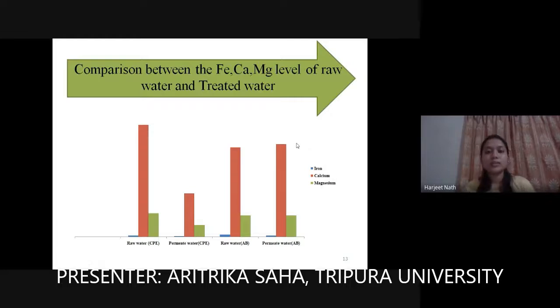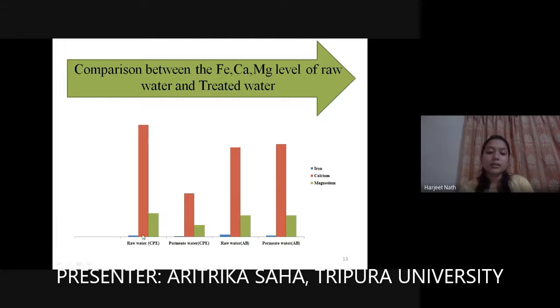This is the comparison between the iron, calcium, and magnesium metallic levels of raw water and treated water. The blue one is the iron content, the red one is the calcium content, and the green one is the magnesium content. The first is raw water and permeate water for the Chemical and Polymer Engineering Department, and the second is the raw water and permeate water for the administrative building.